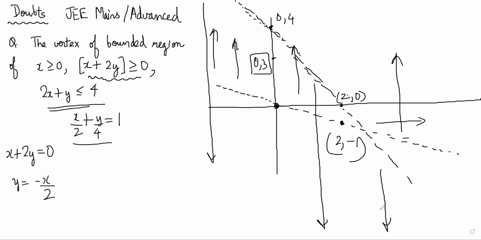Now if you have to take the region which is positive x and this, then it will be this region. The vertex of this region should be this point, right? So you just solve these two equations.